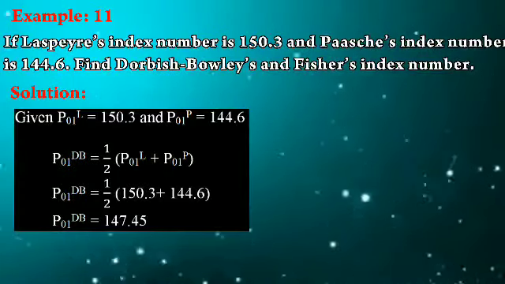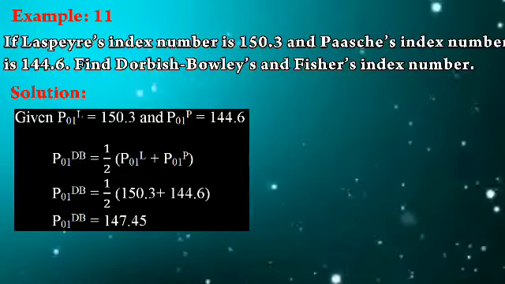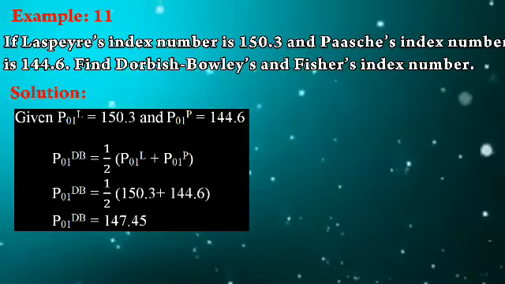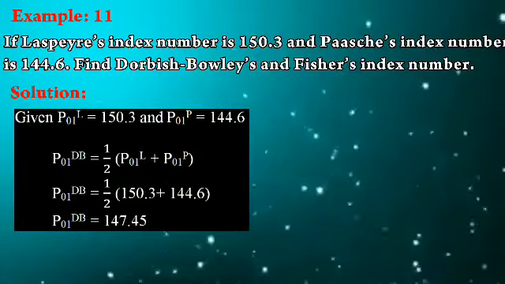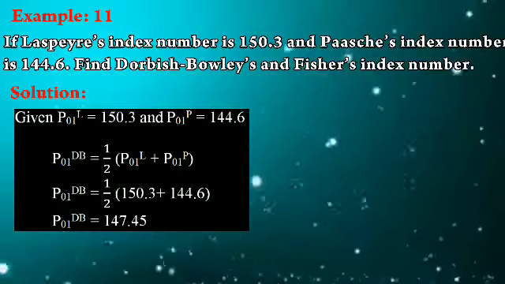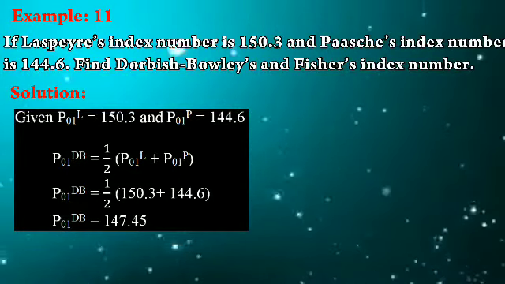Solution: given P01 of L equal to 150.3 and P01 of P equal to 144.6. Your question is to compute both Dorbish-Bowley's and Fisher's index number. So first write the first formula.